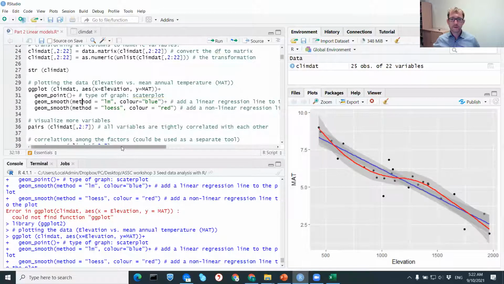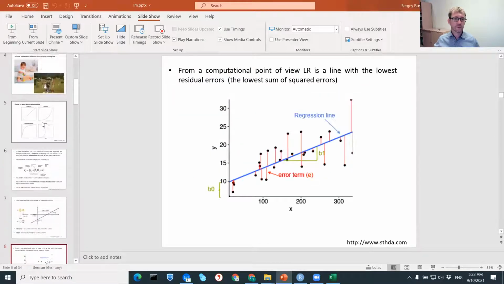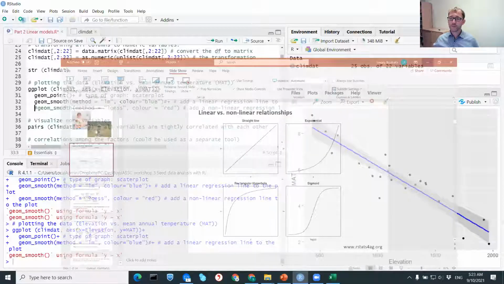We already know it from the literature, so we would not need the second curve. But I strongly advise you to look for it. If you remember from this short presentation, I said that there are basically two types of relationships you might have in your data, either linear or non-linear. And the type of this relationship is very essential for selecting a proper model, right?